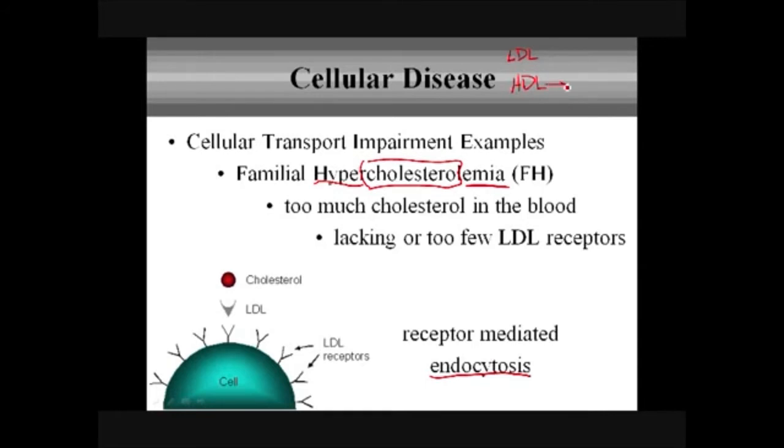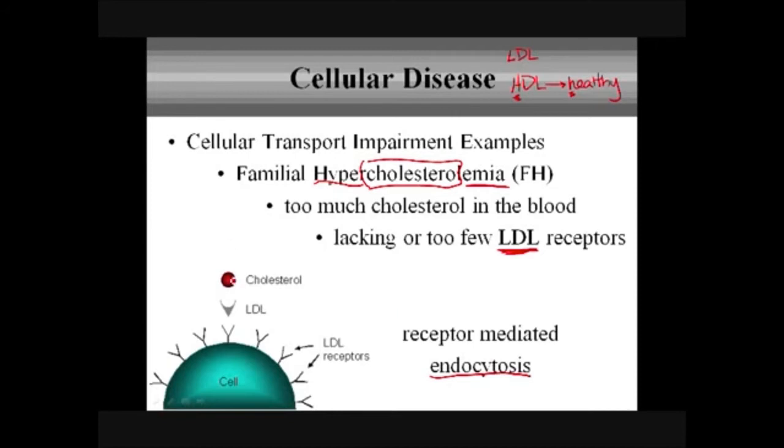What I typically tell everybody to remember is that the HDL is the healthy one, so H is for healthy, and this is really about the different types of cholesterol. And because the LDL, which is the bad type, has those receptors, there's too few or none at all.